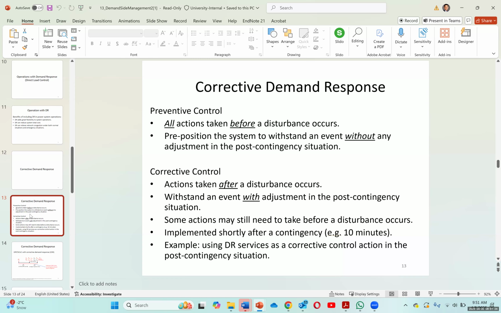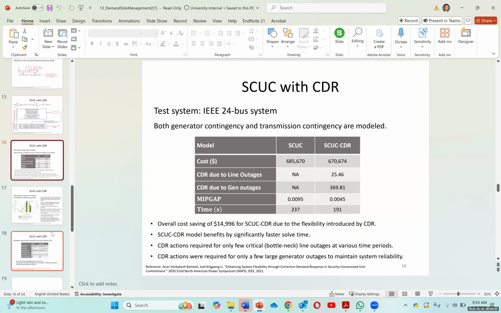And this table shows us the test system for the IEEE 24 bus system. This is both the generator contingency and transmission contingency modeled. And we can see without the CDR and with the CDR.